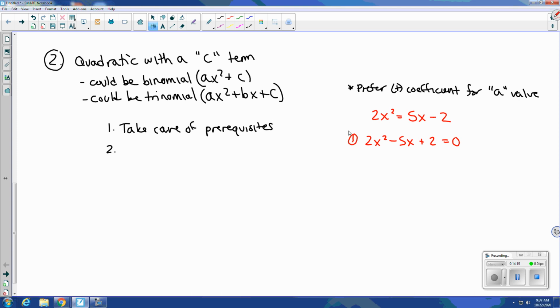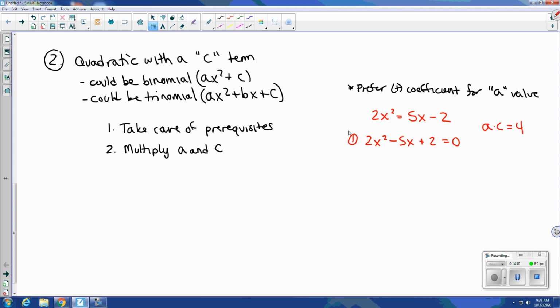Step 2, here's the big one. Here's what you do. You're going to multiply a and c. That's step 2. So off to the side, we're going to multiply a and c. So a times c, a is positive 2, c is positive 2. So the product of a times c is equal to 4.